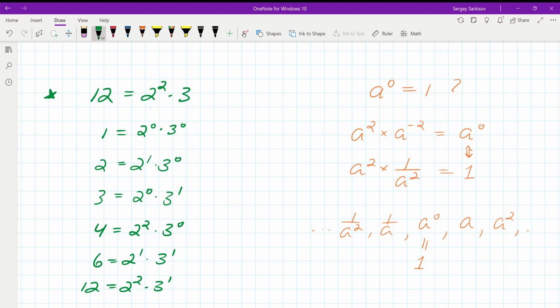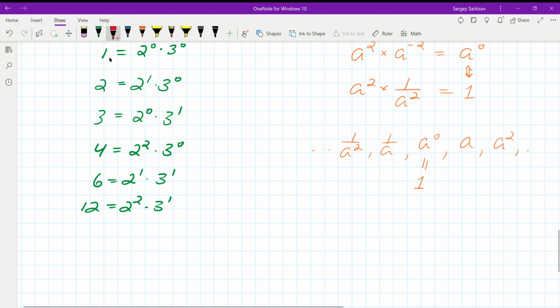So notice, every factor is a power of 2 and a power of 3, the product of those, right? And you can't have more than 2 2s. You can't have more than, guess what? You can't have more than 1 3, right? So let me say this.